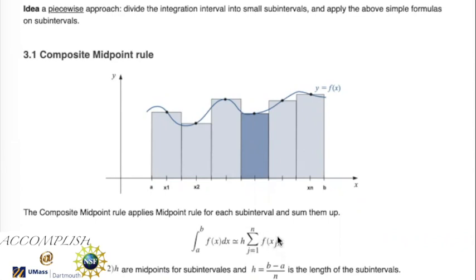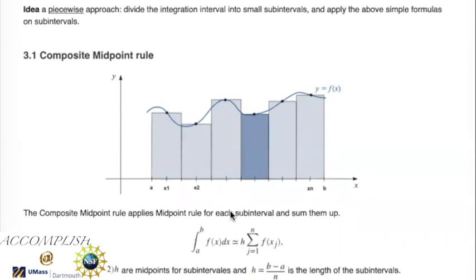You evaluate the integrand function f at that location, sum them up, and then multiply by the length of each sub-interval. Or the other way to think about it is you have h times f of xj, and then sum them up. And h here is the length of this sub-interval, so it equals 1/n of the whole length, b minus a.